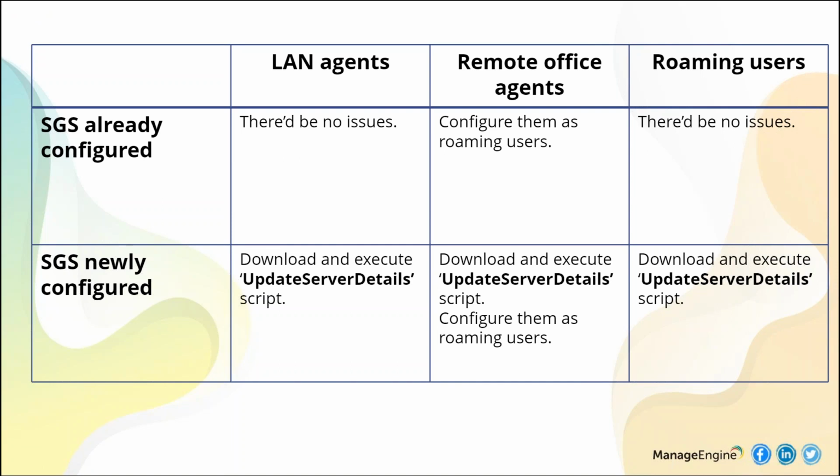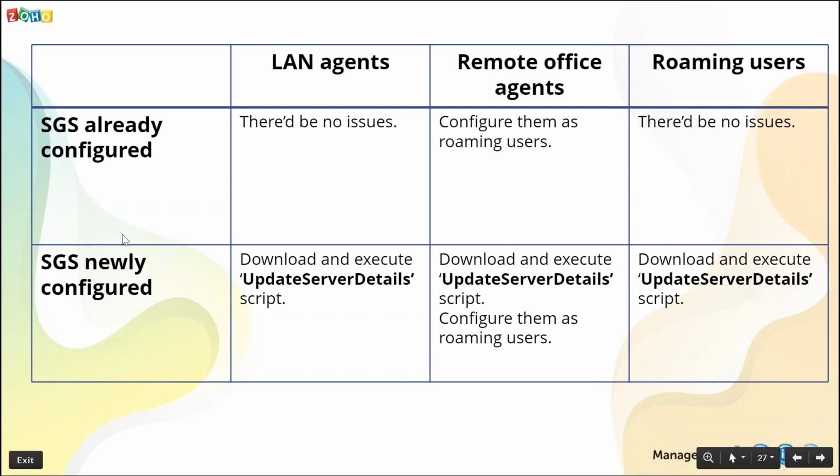However, if you choose to provide a different IP address, ensure that all the agents communicate with the Desktop Central server for fetching the new IP address, until which the Desktop Central server should be configured as an edge device. Now please note that all the active agents will contact Desktop Central server within the 90-minute refresh policy. We would be discussing about the refresh policy in detail in our forthcoming slides.